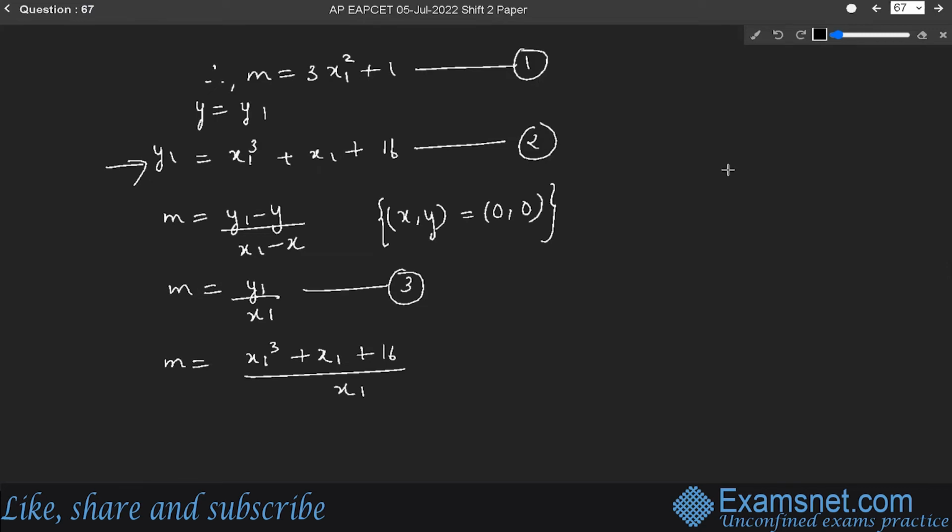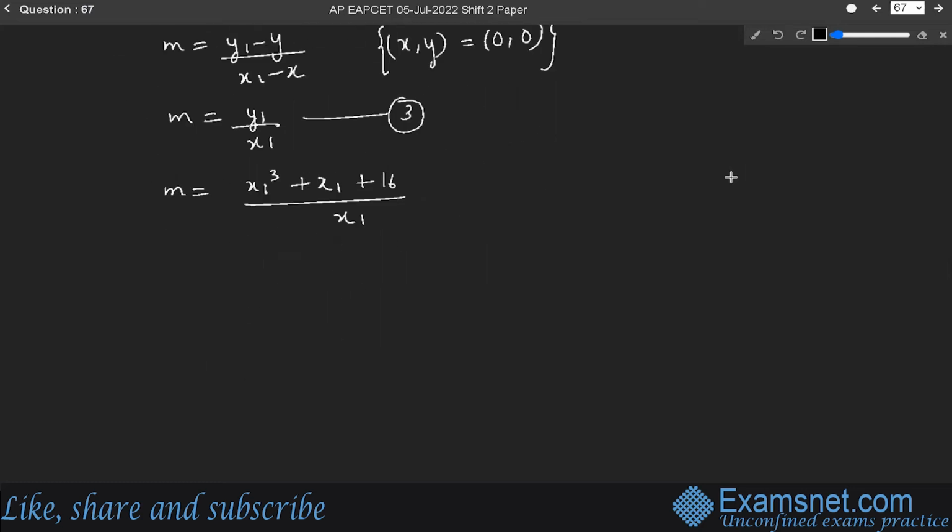Since m is equal to x1 cube plus x1 plus 16 divided by x1, and we also know that m is equal to 3x1 square plus 1, substituting the value of m here, it becomes 3x1 square plus 1 equal to x1 cube plus x1 plus 16 divided by x1. On cross multiplication, it will be 3x1 cube plus x1 is equal to x1 cube plus x1 plus 16.